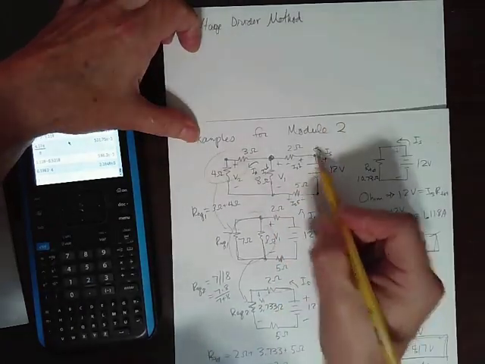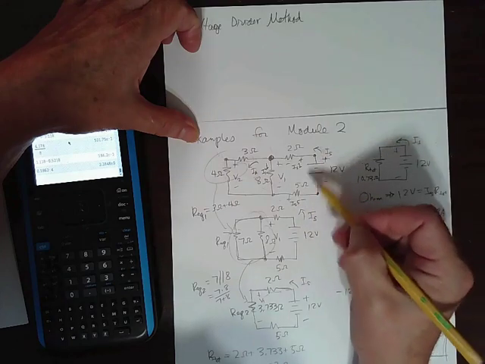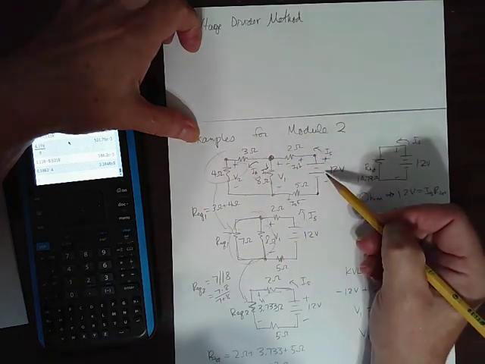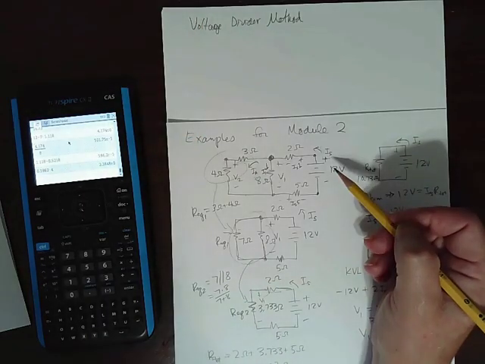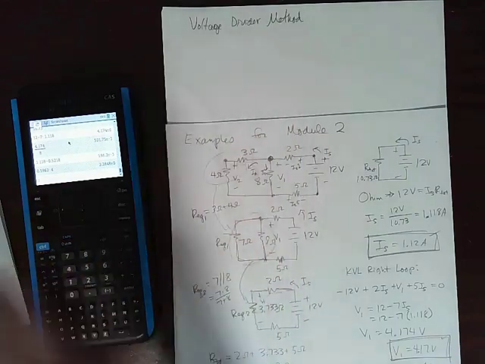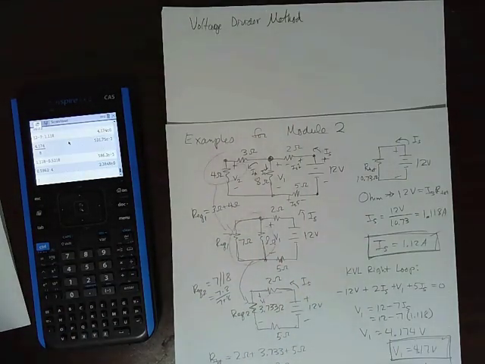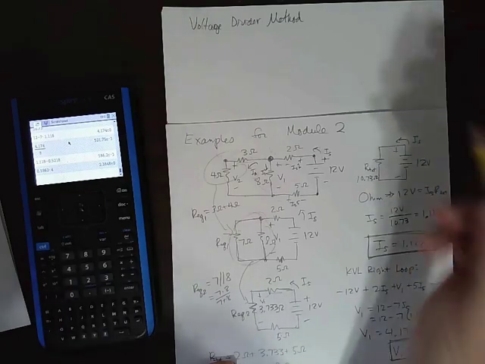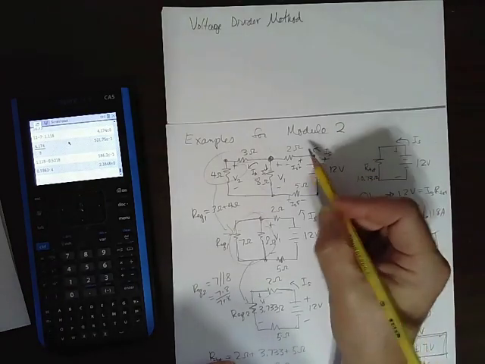I don't know. So when we do a voltage divider, we have to know a voltage, and then we have to have combinations of resistors in series, and we know how things break up. Is the video still working? Okay, my computer's acting weird. So that's what we have here.